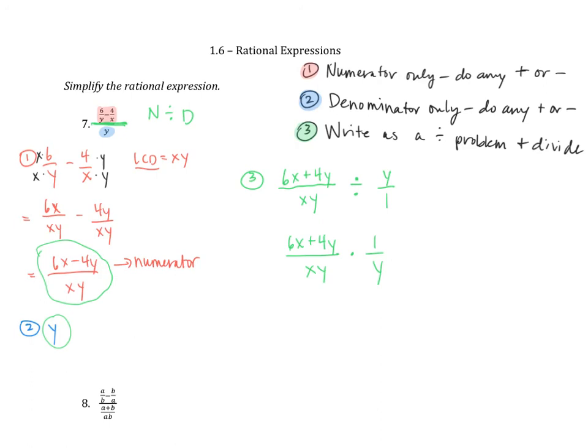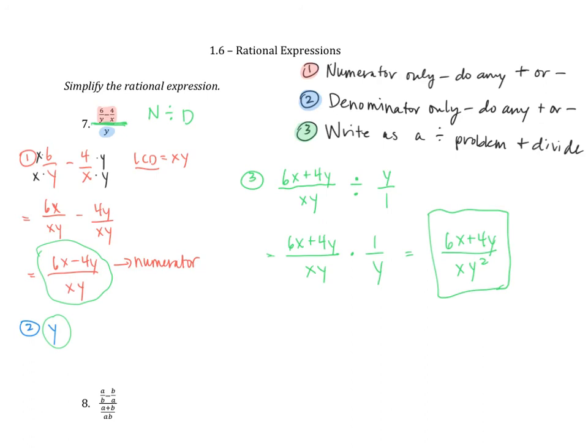This y up here is attached to the 4, which is attached to the 6x with a minus. So you cannot reduce anything here. So you're simply going to multiply straight across. So you'll get 6x minus 4y, because that times 1 is just itself, and then xy squared on the bottom. And that's it. Okay?